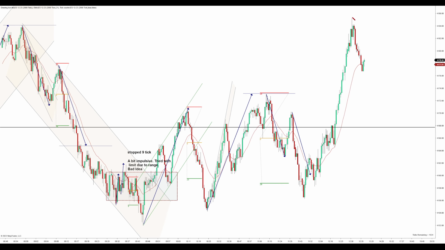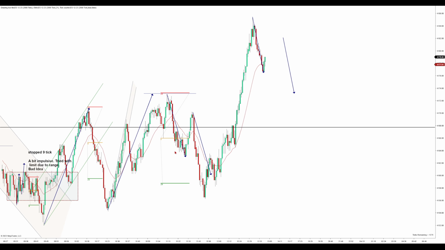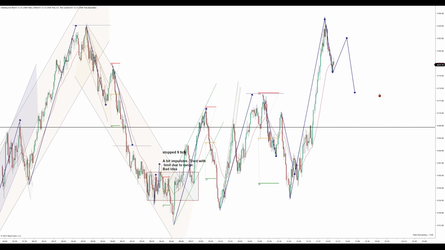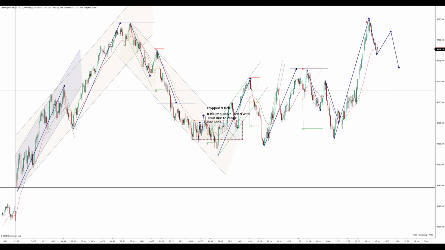Let me draw them out. Could get something like this, some kind of big picture entry. We are spiking up there. We could get another spike up. This downtrend had a couple attempts to play out before a strong reversal, so we could easily have a second leg up and get something to get in on it.